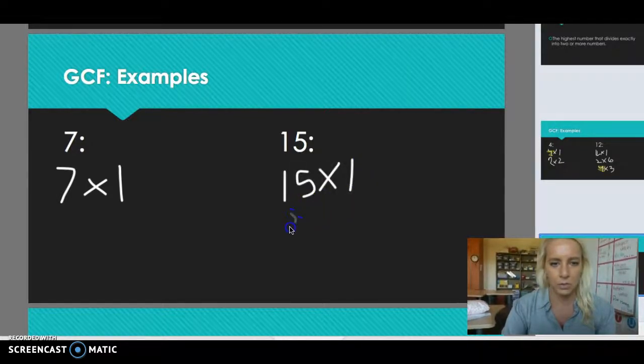I also know that 3 times 5 is also 15. Now looking at both factors, I don't see any other factor greater than 1. So in this case, our greatest common factor would just be 1.